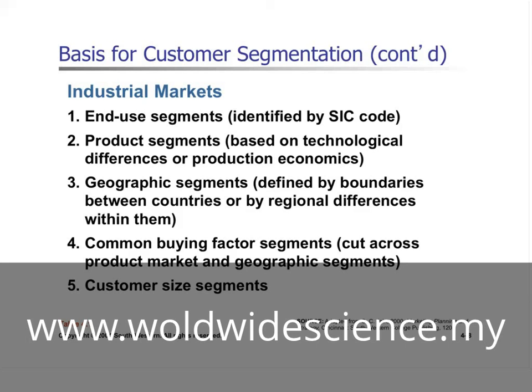When you are dividing the segments according to the standard industrial classification, you're classifying your products, putting different types of products into different segments, or sometimes the final uses of the products, or sometimes just the products themselves. You say, okay, this certain product is for a certain segment, and this other product is for this other segment. So that is also another feature of segmentation.